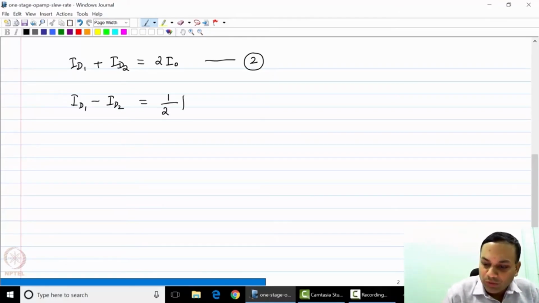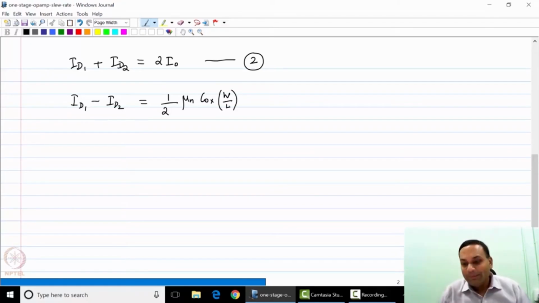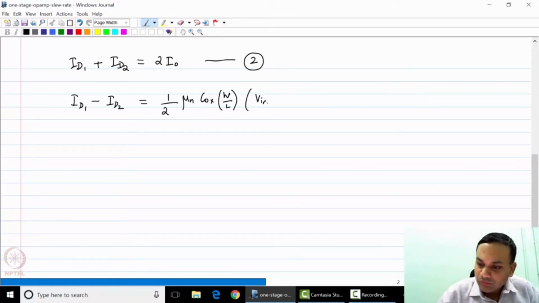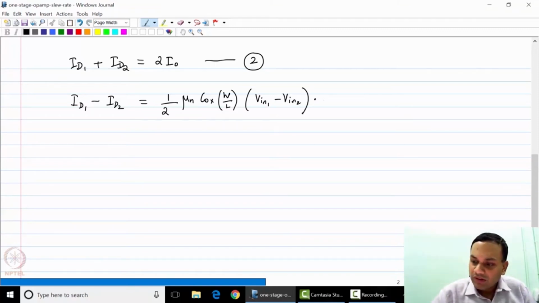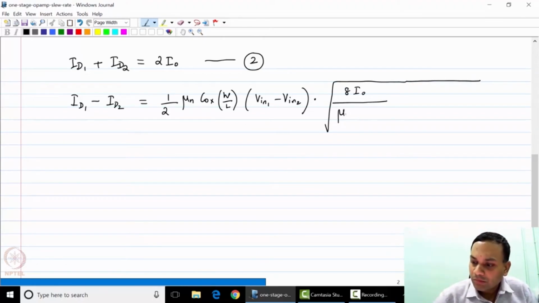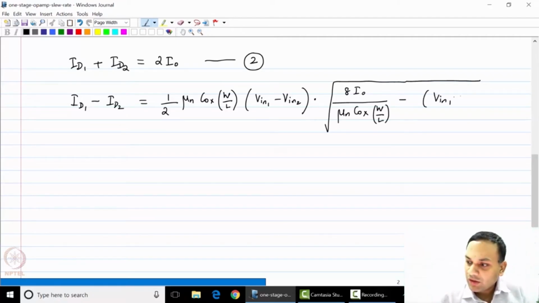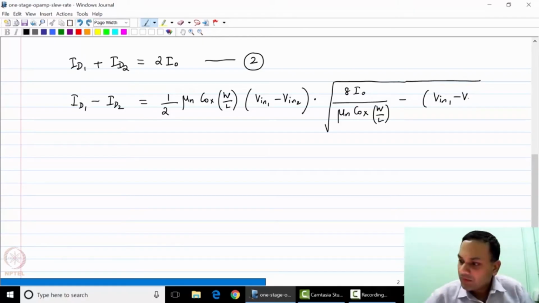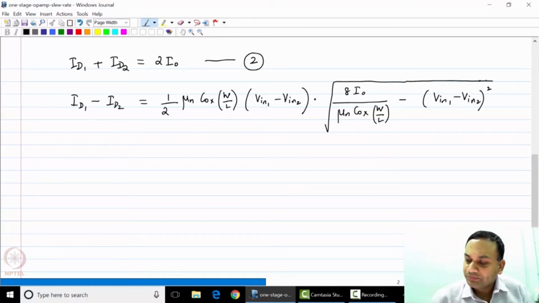ID1 minus ID2 is half mu n C ox W over L times V in 1 minus V in 2 times the square root of 8 I0 over mu n C ox W over L minus V in 1 minus V in 2, the whole squared.